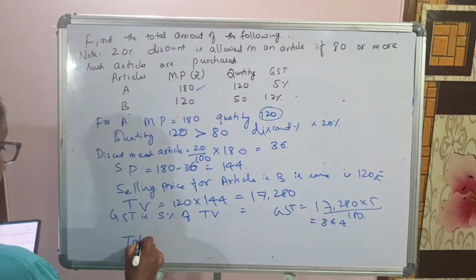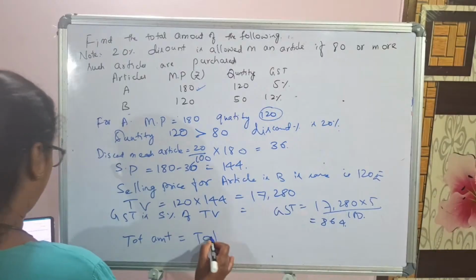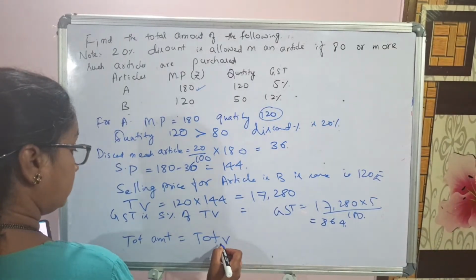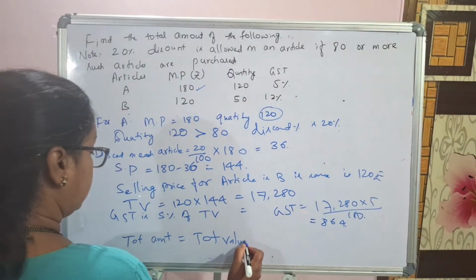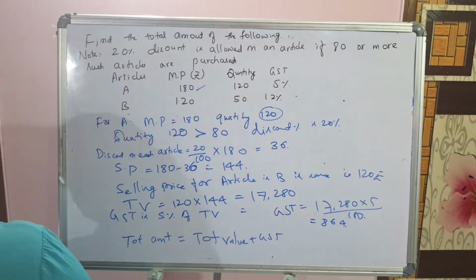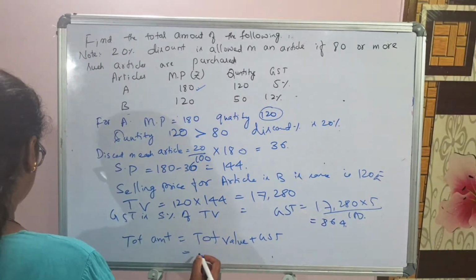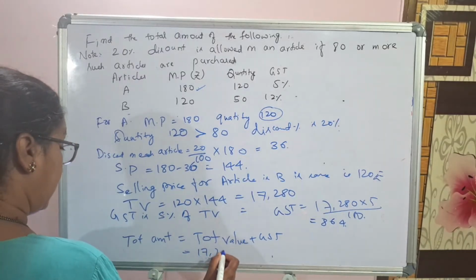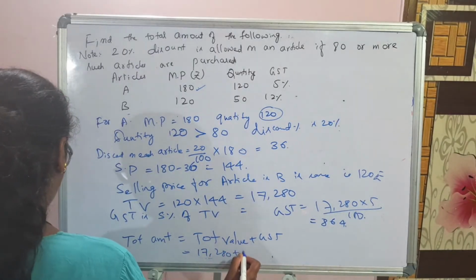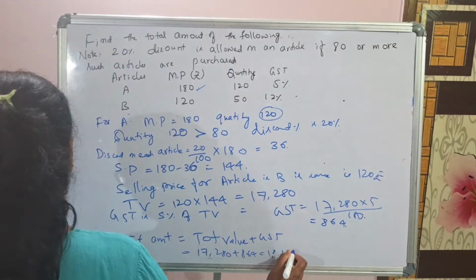So total amount is equal to total value plus GST, which is equal to 17,280 plus 864, which is equal to 18,144.